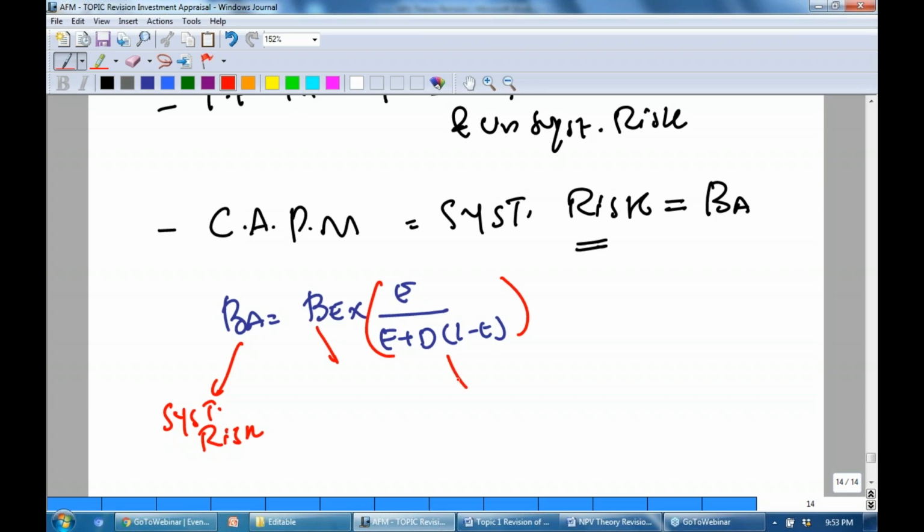This is the financial gearing adjustment, and beta equity includes the combination of both parts, systematic risk and the financial risk.